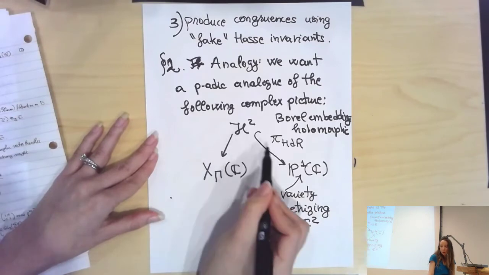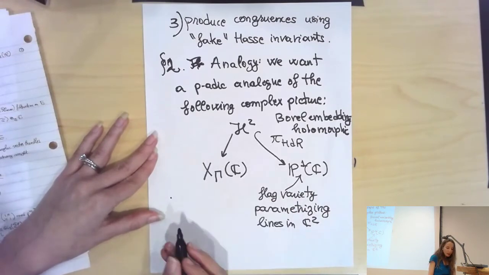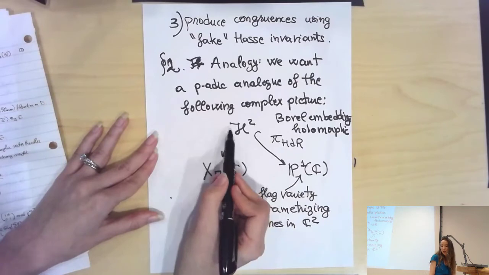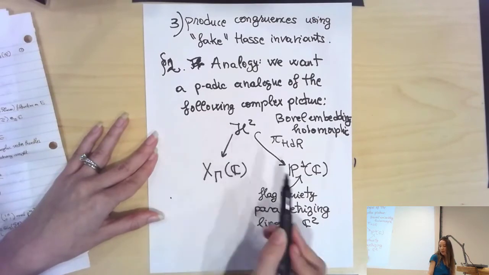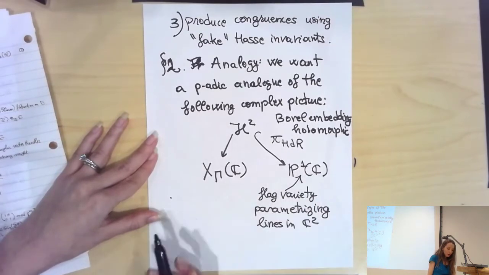And so one important thing about this Borel embedding is that it's equivariant for the action of SL2R on the upper half plane and the action of GL2C on projective space.